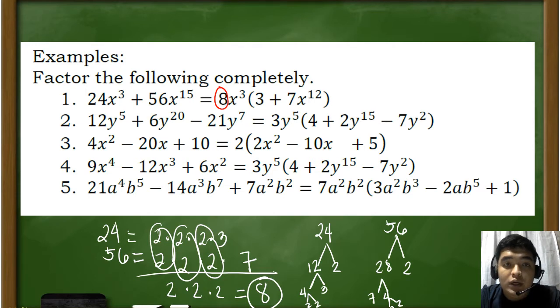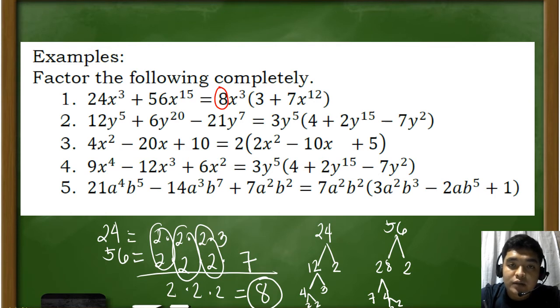Take note: which is the smallest exponent between your two terms, x cubed or x to the power of 15? The smallest one is the factor. The terms must share the same variable, that is, it is common, meaning it is in both of them. For example, with x and y, there is no common variable. So the GCF uses the smallest exponent.